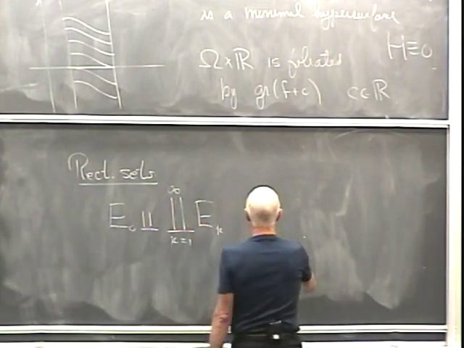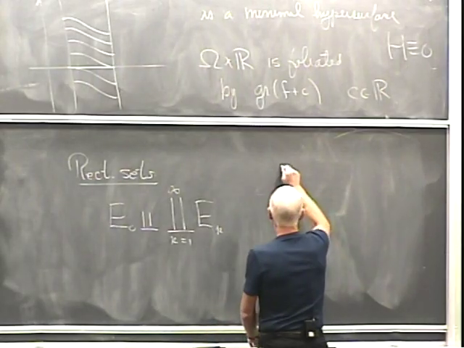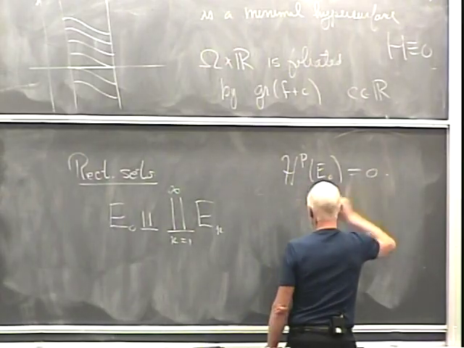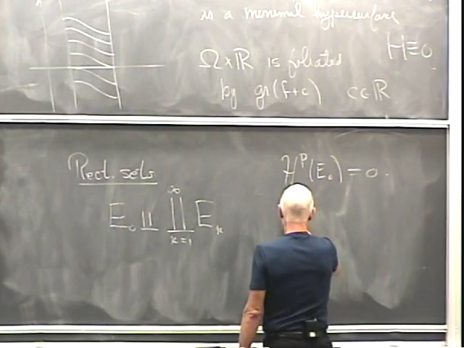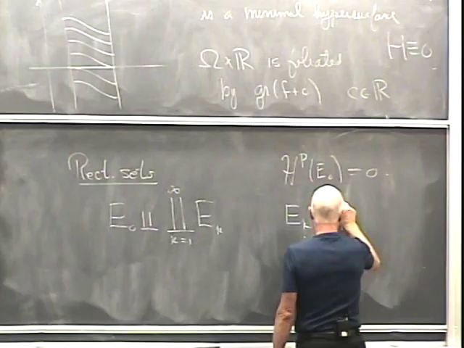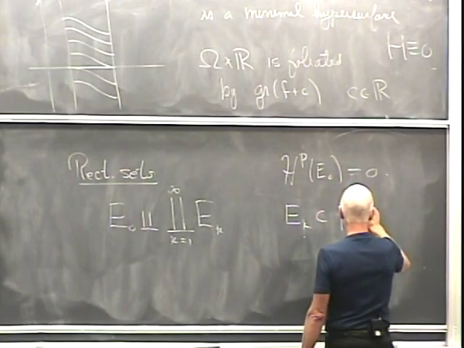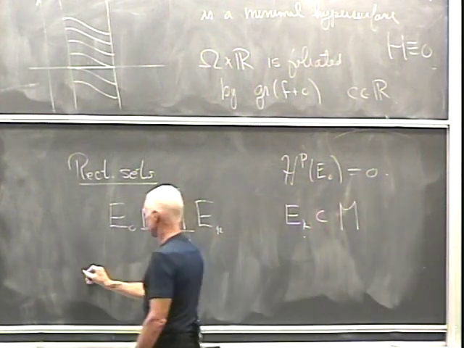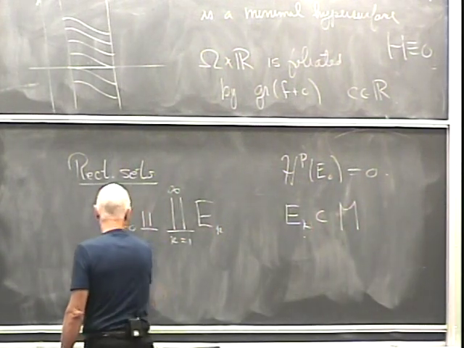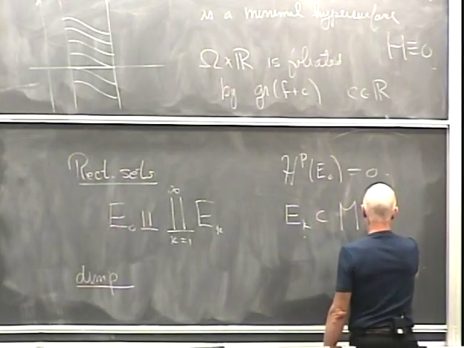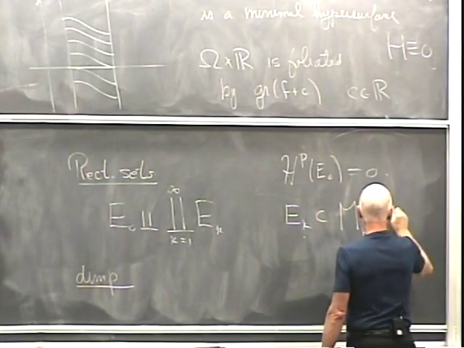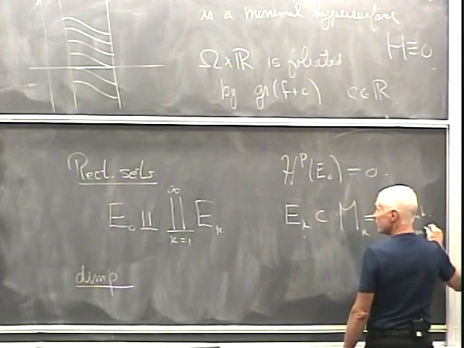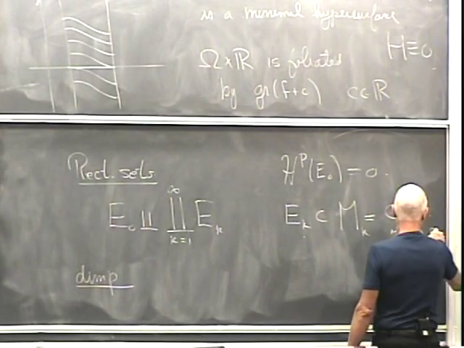So this is a disjoint union, up to sets of Hausdorff measure 0, and every E_k is contained in a C1 submanifold M_k of dimension p.